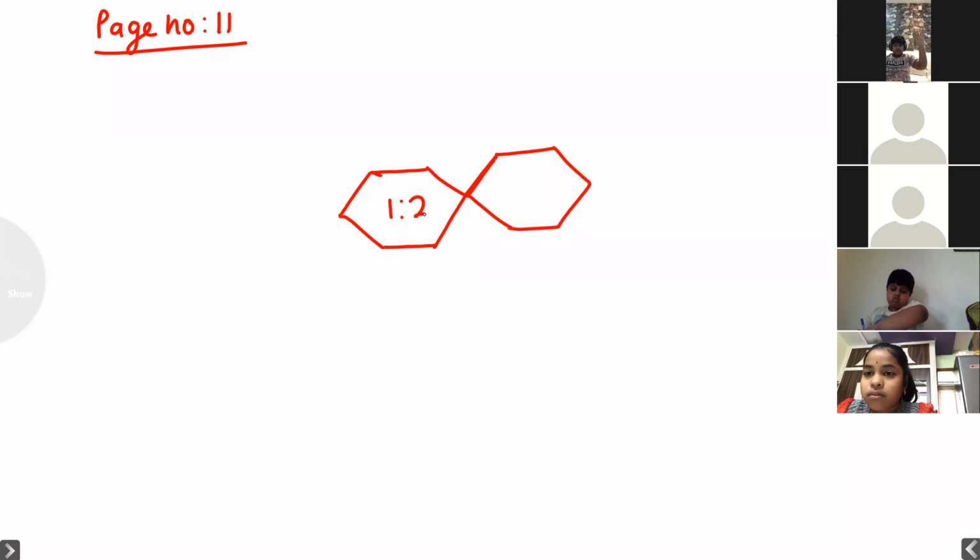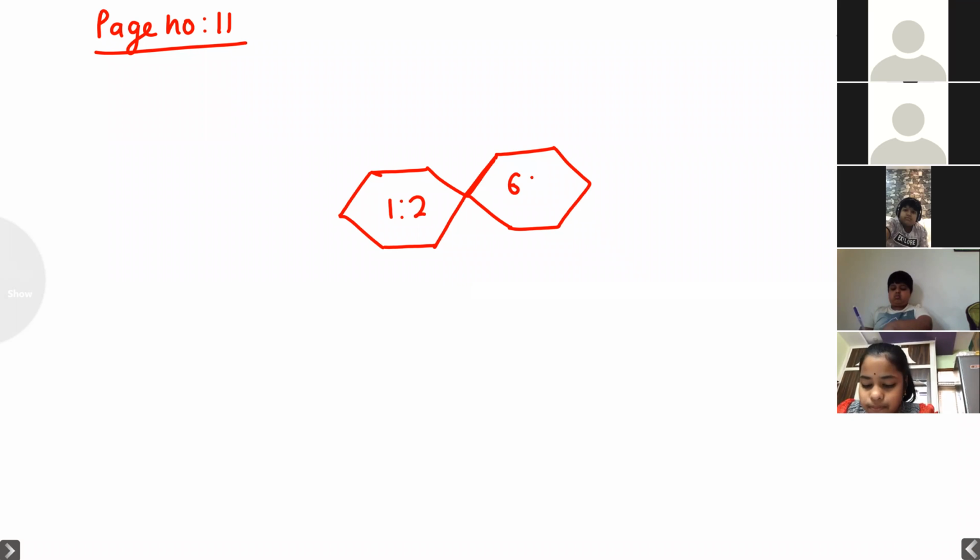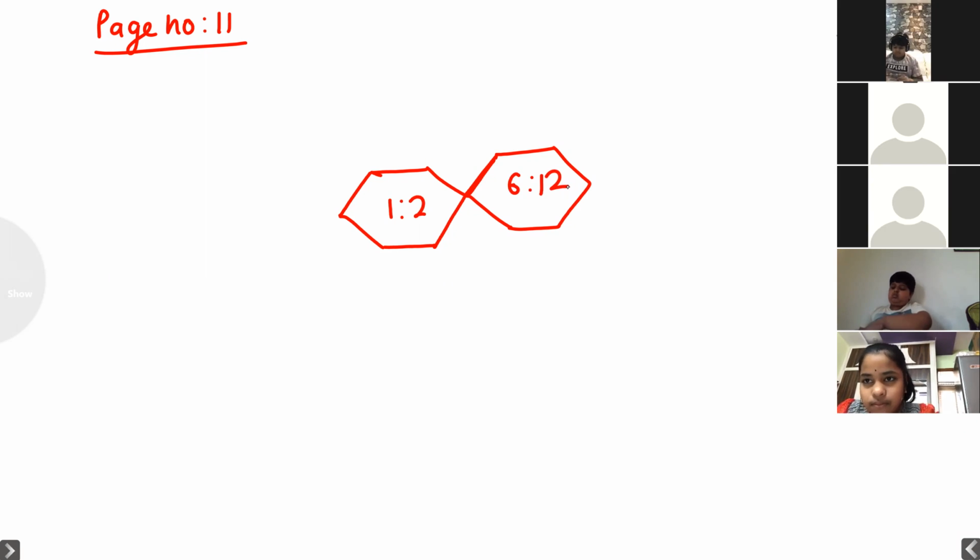Now you are observing 1:2 is equivalent to 6:12, right? Because when we simplify, it will become 1:2. 6 1s are 6, 6 2s are 12. Like that, 7:14. Like that, 12:24. You can write anywhere, student. No problem. This is not a fixed place. You can write any place. 33:66.